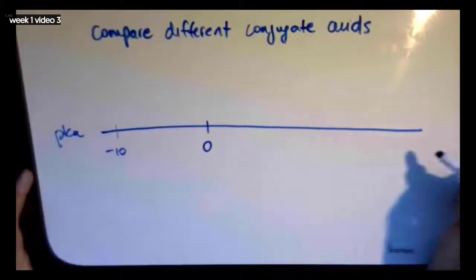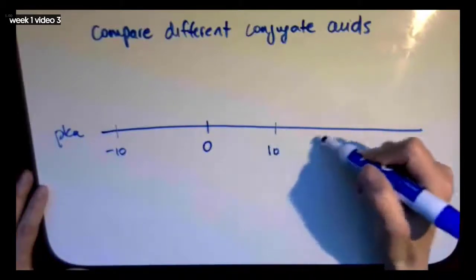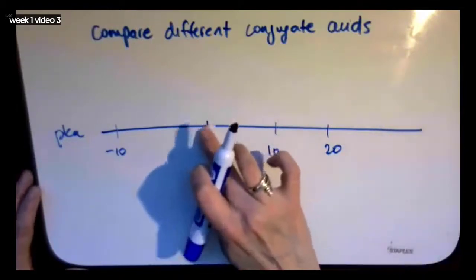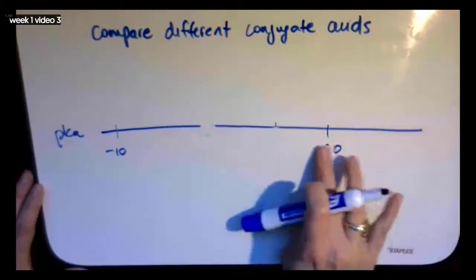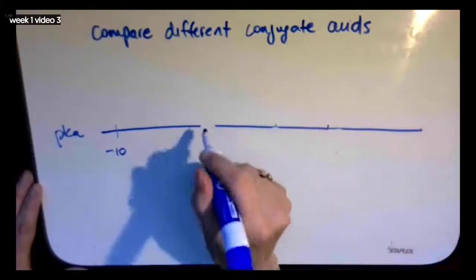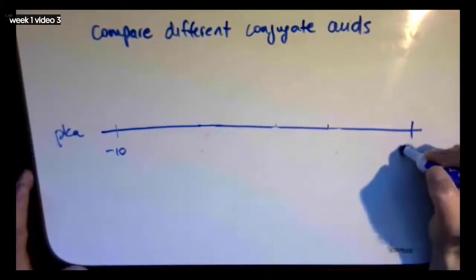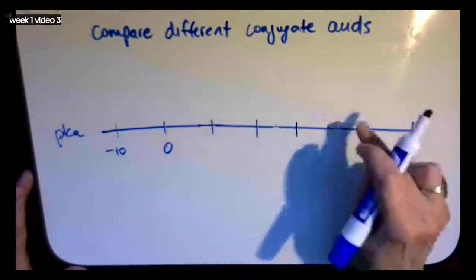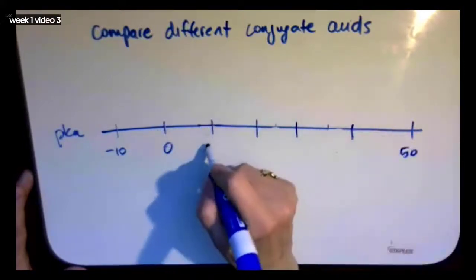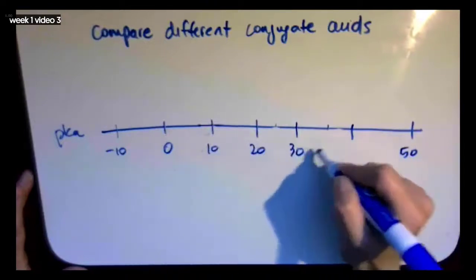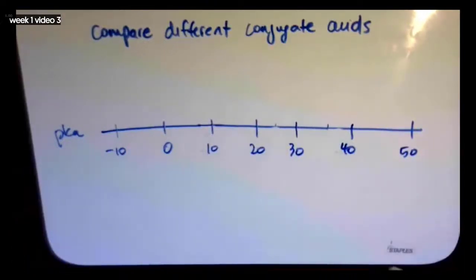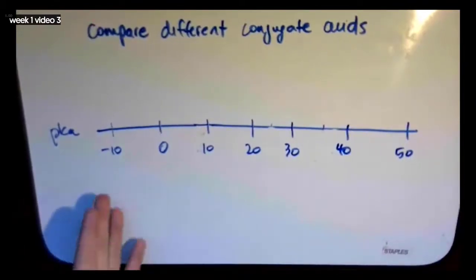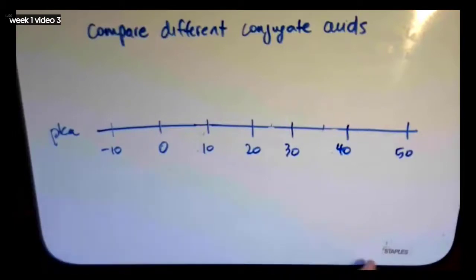I'm not going to be perfectly on scale here, but whatever, we're good enough. So I'm going to go 0, 10, 20, 30, 40, 50. Our boundary conditions for pKa's that we typically run into are somewhere in between -10 and 50.